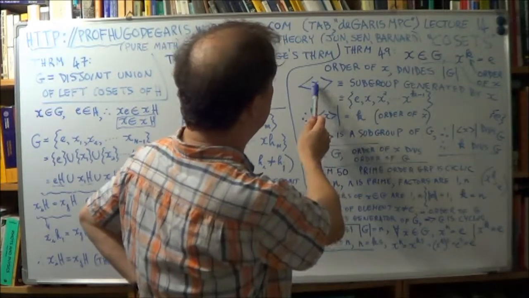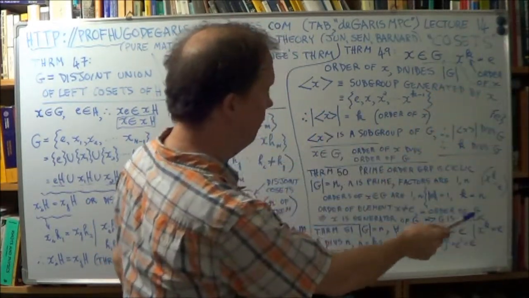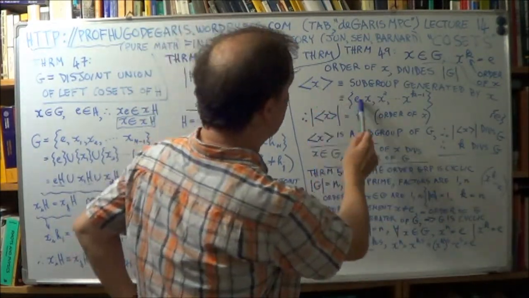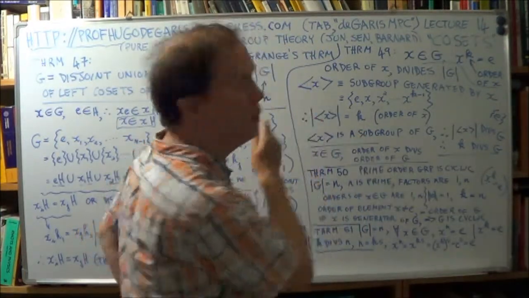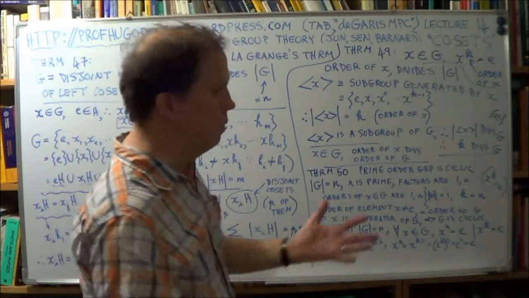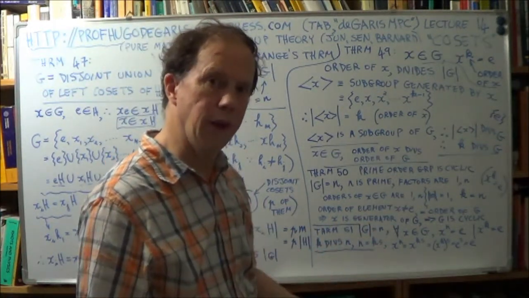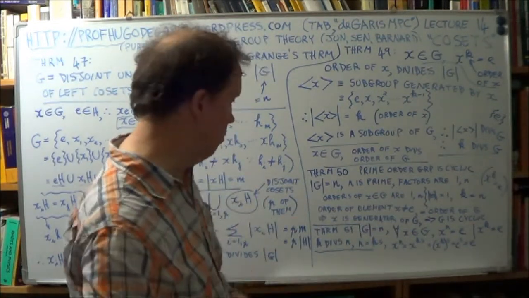This element, which has k equal to n, the size of your group, will generate the whole group. Therefore, by definition, that element is a generator. So if we can generate the whole group like that, that group is cyclic. There's the proof.